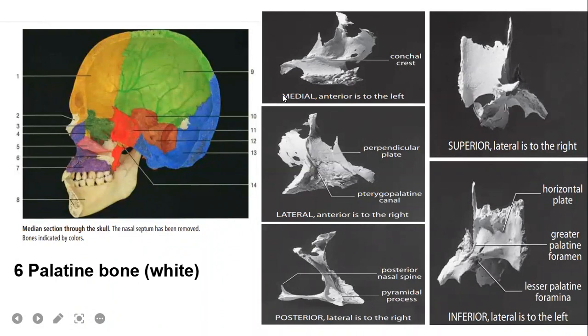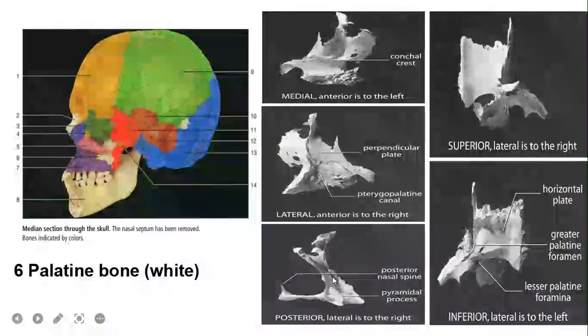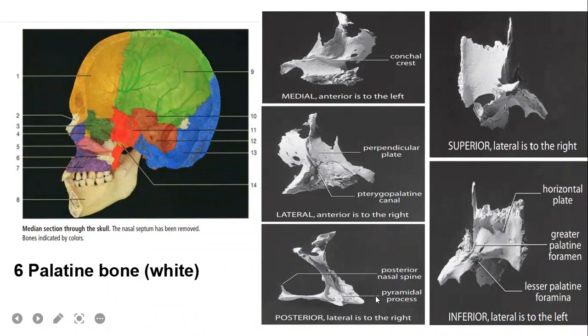For the bone itself, we have the medial view, anterior to the left, conchal crest, then the perpendicular plate, the palatine canal, then the posterior palatine, whereby the posterior nasal spine and the pyramidal process are right there.